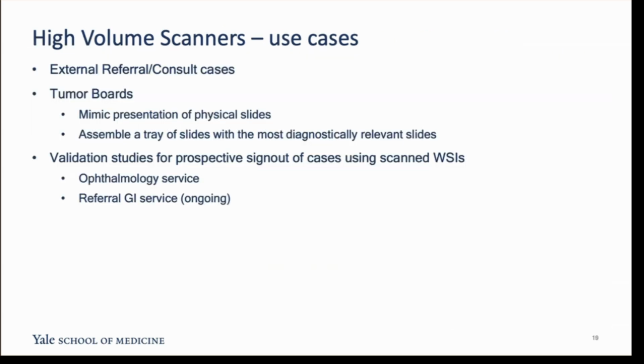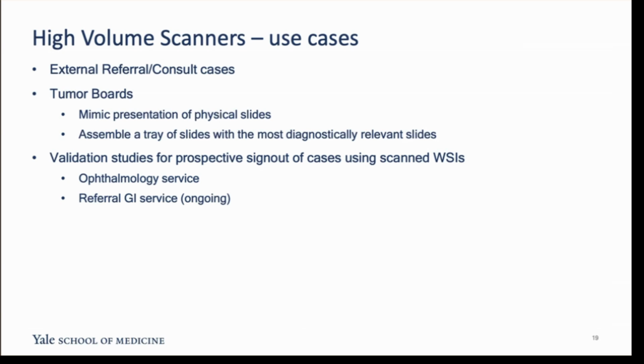The next thing we have been trying to do is validation studies for prospective sign out of cases using whole slide images. We're doing it in a stepwise fashion because we do not have the capacity to do it across all services.